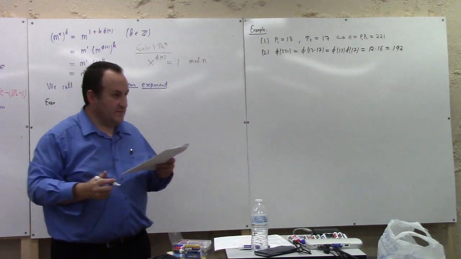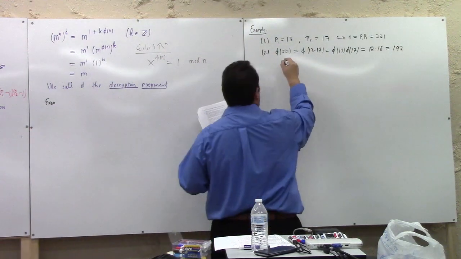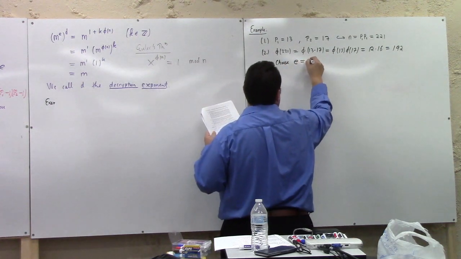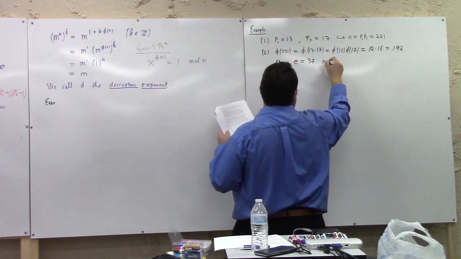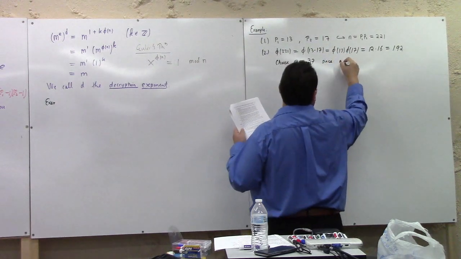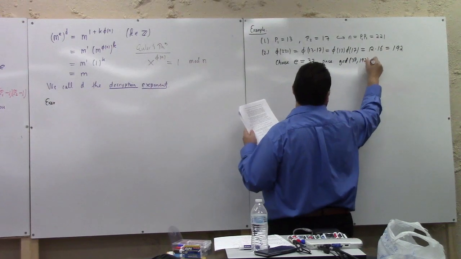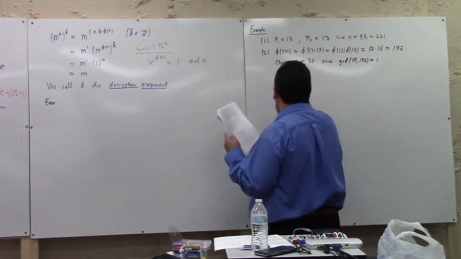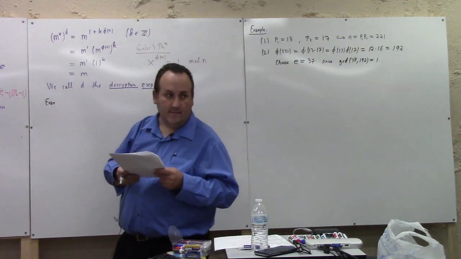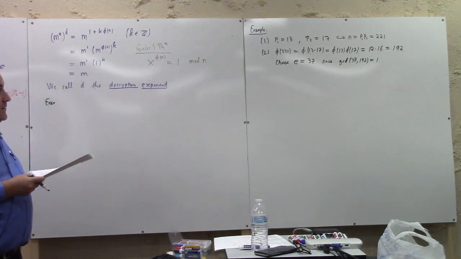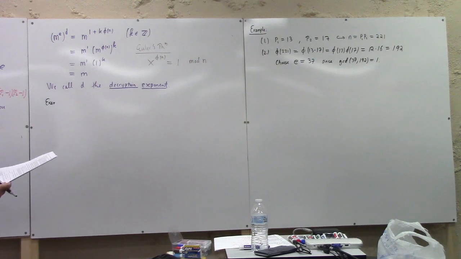So I'm going to choose the encryption exponent E equal to 37, since the GCD of 37 and 192, I think it's pretty clearly equal to 1, right? And 12 and 16, those are what it takes to get the inverse.